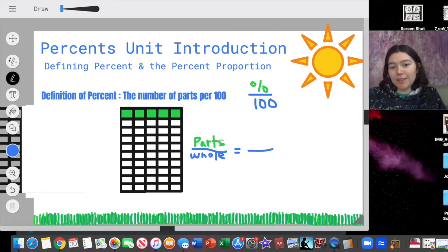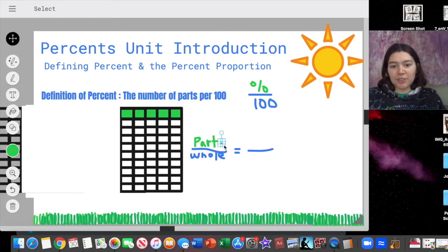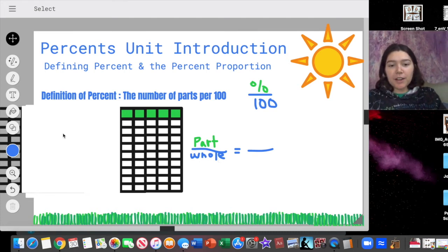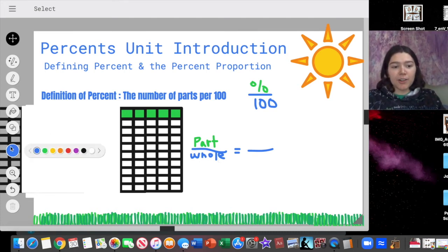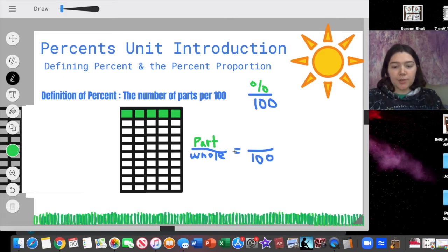We're going to take the part, how many parts we have, divided by our whole, the total number of parts. So we take our part divided by our whole, that's going to be equal to my percent divided by 100.